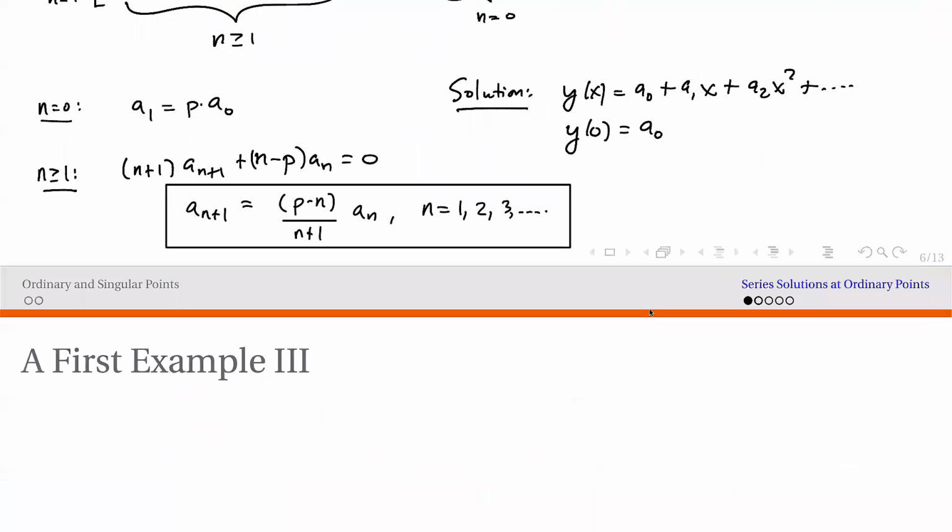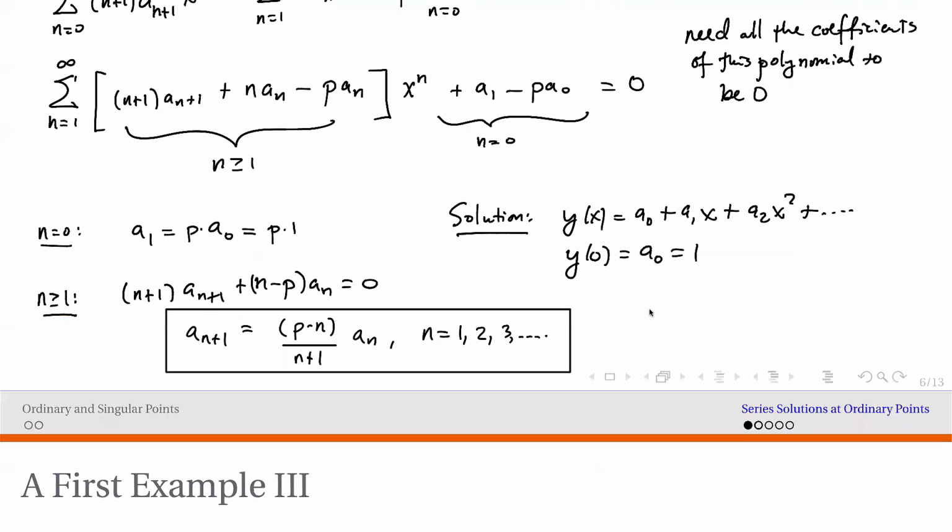So a0 is 1. So I know right here that a0 is 1 and a1 is p. I immediately know that. So I know how my series gets started. I know it's 1 plus p times x to get started. And that's just from right here.